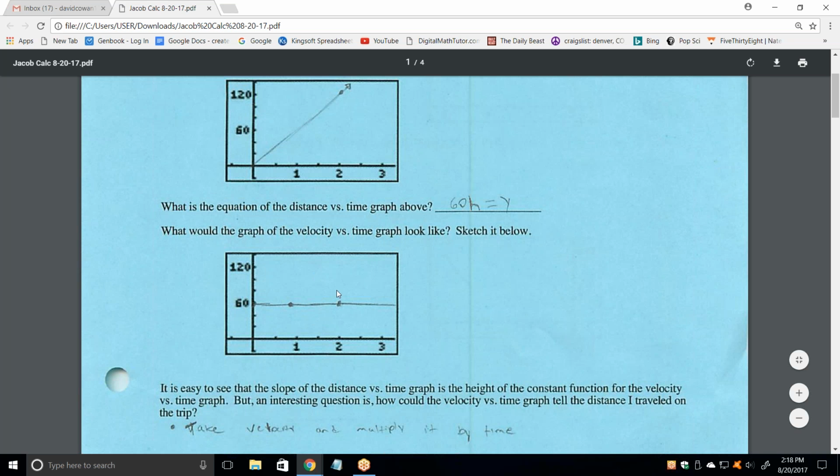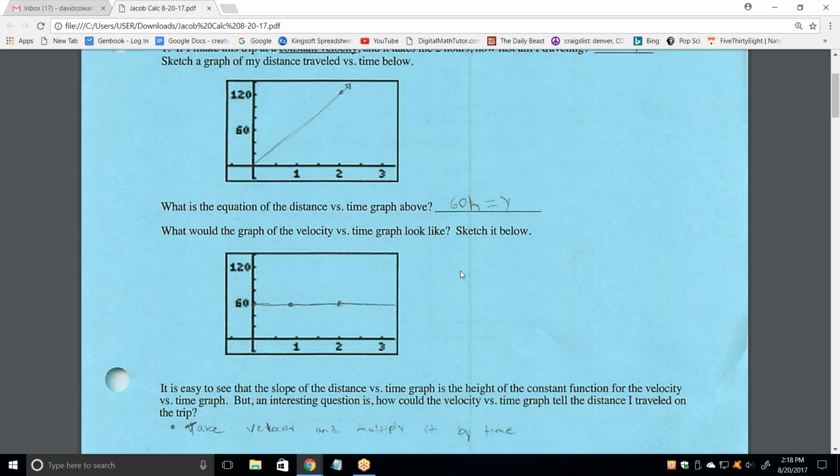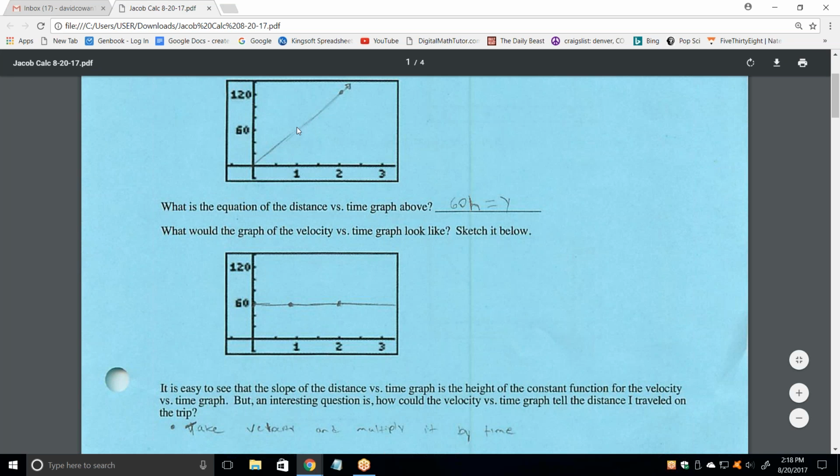Okay? And this second graph is the velocity graph, which is the first derivative of position. Now, I know you don't know what the word first derivative means yet, but the first derivative is the instantaneous rate of that function, the instantaneous rate of change. And that's the slope of this thing.